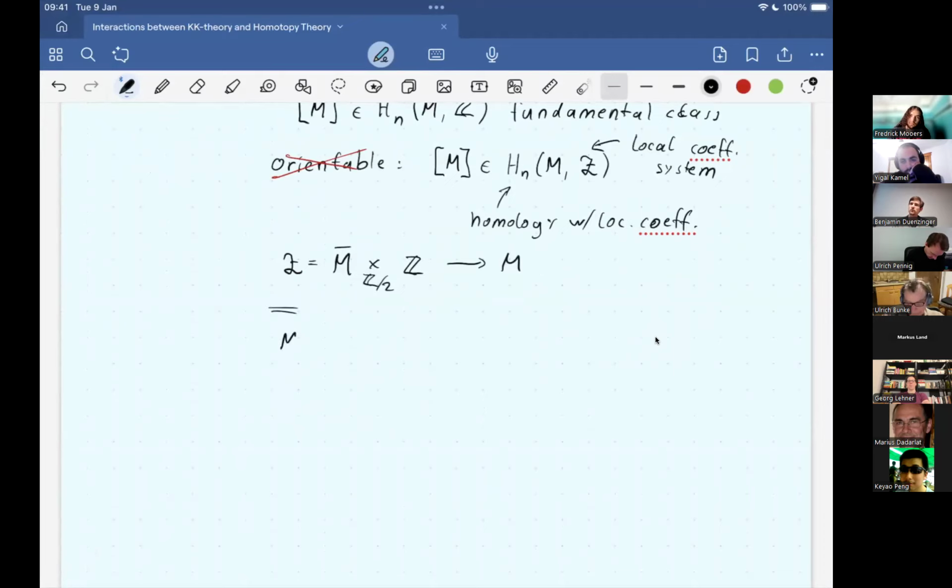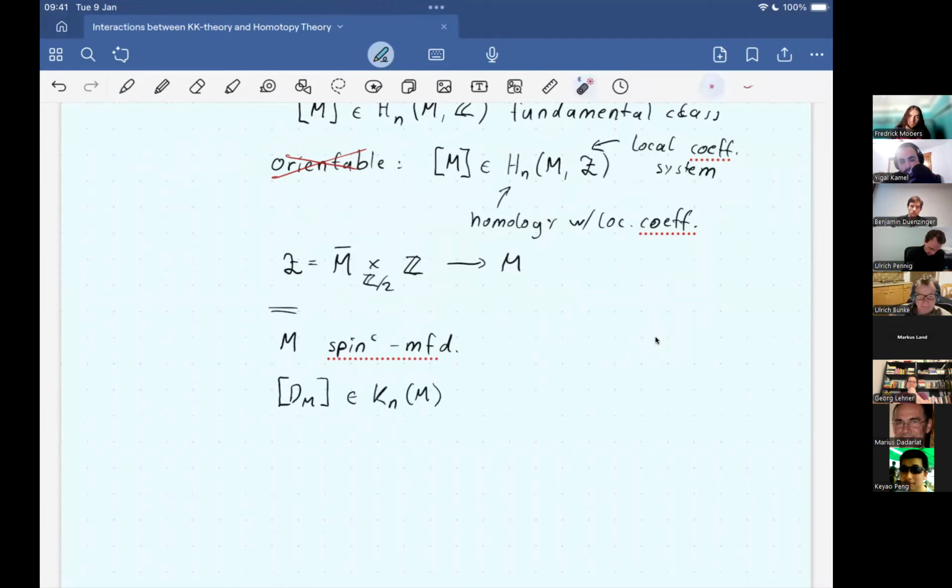So if I have M a spin C manifold, with all of the other adjectives that I'm not going to write down again, then there's a K homology fundamental class given by the class of the Dirac operator on this manifold.